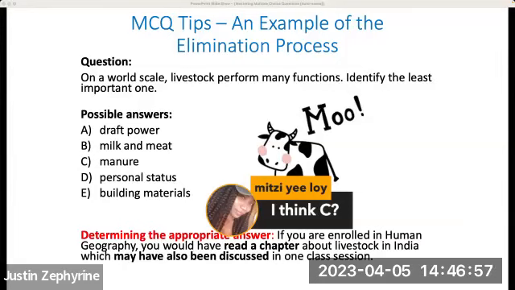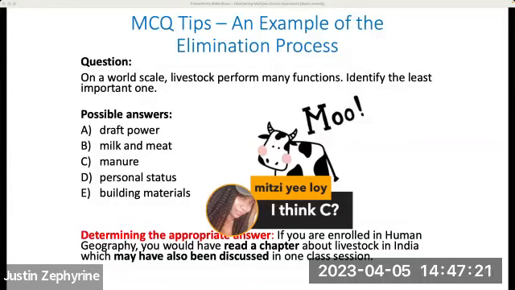Hi, me again. With regards to the question, livestock in particular, I think B and C stand out, at least for me, with regards to the functions. Milk and meat for sure, because livestock is raised for the meat.